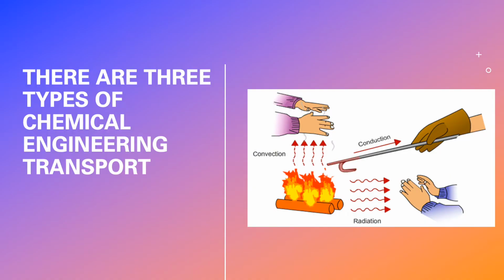Therefore, there are three very important types of chemical engineering transport: conductivity, convection, and radiation. Conduction is where heat heats up a metal or a solid subject and transfers that heat from the top to its end, so the heat is moving inside the solid material.